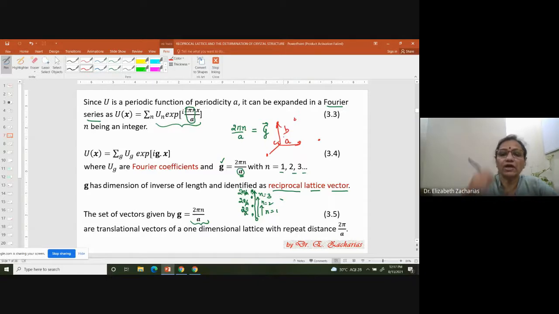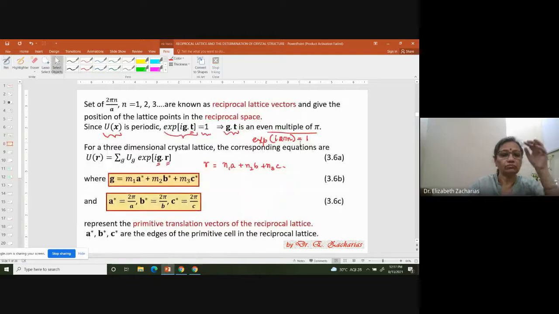So what happens is you will have three G's. Because it was just one single, we just wrote a G there. But then you may be having a 2 pi n by A, 2 pi n by B, 2 pi n by C, corresponding to A, B, C. Therefore, in general, for a three-dimensional reciprocal lattice, you will write G is equal to M1 A star plus M2 B star plus M3 C star.